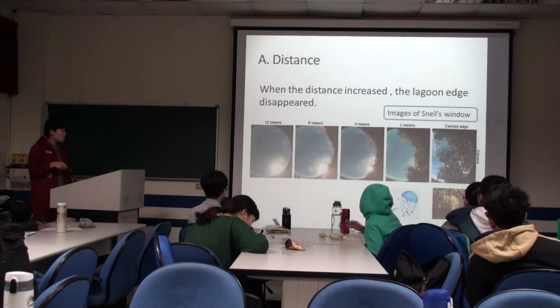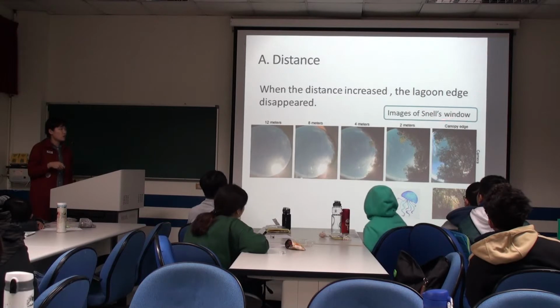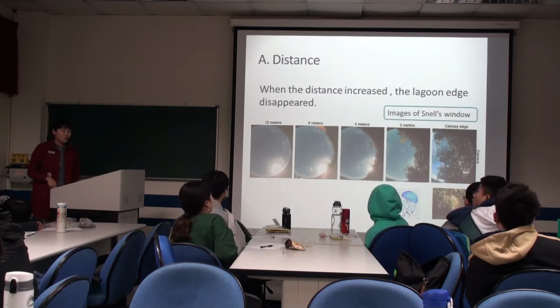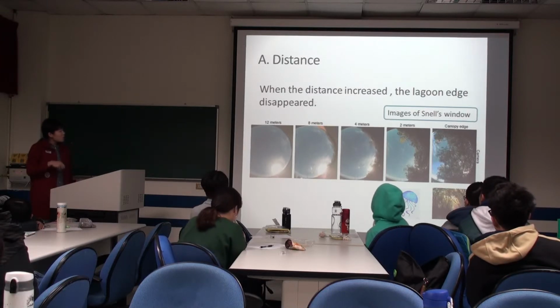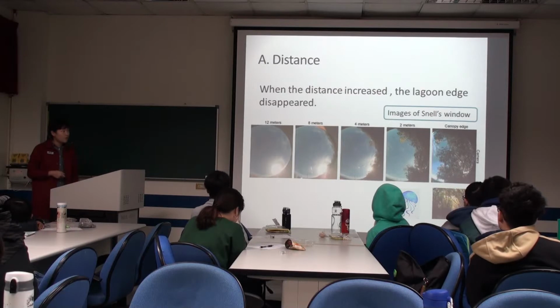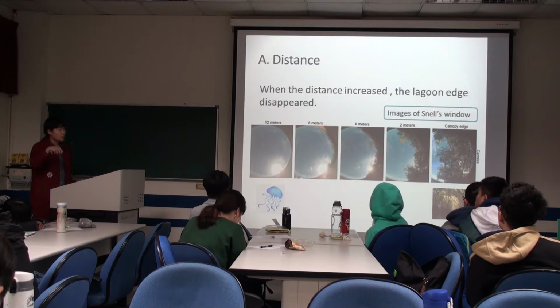This column shows the wide-angle pictures of Snell's window, captured below the water surface. The missing part was removed because it contained a photographer. You can see the result is when the distance increased, the lagoon edge disappeared. So the box jellyfish couldn't see the canopy.